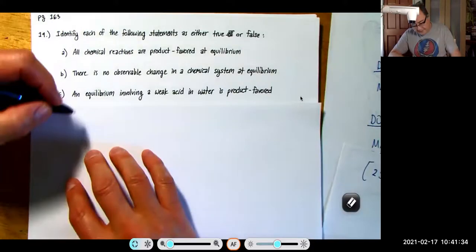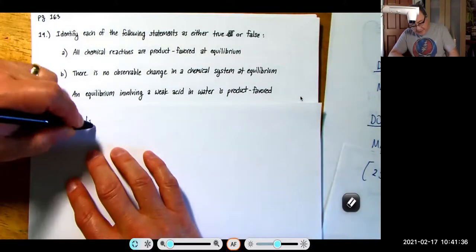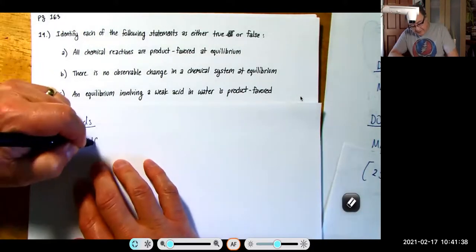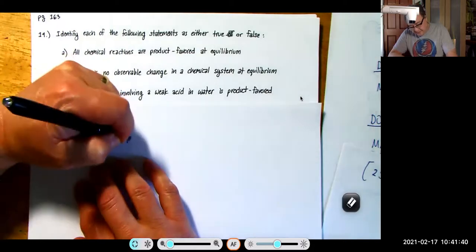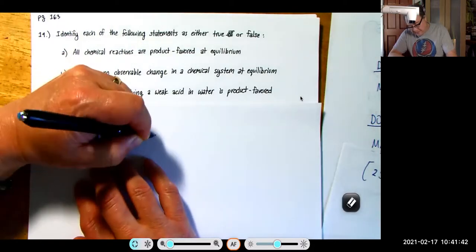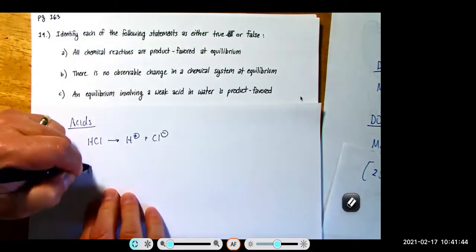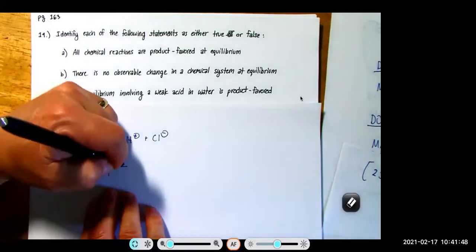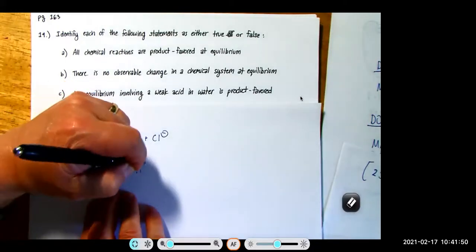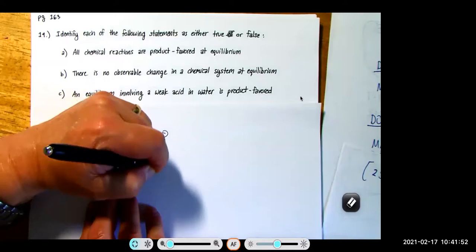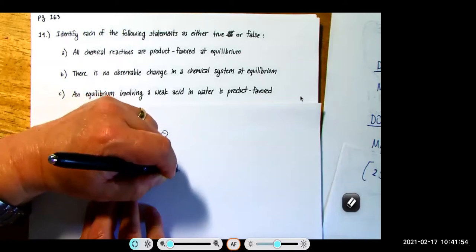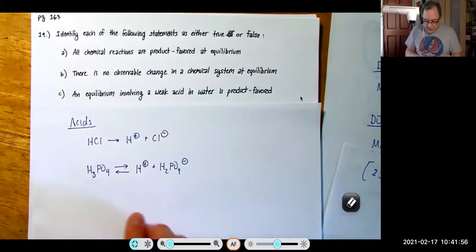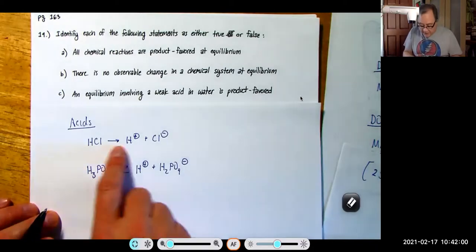Acids. Acids basically do this. So what do these two acids have in common? The answer is they make H pluses.